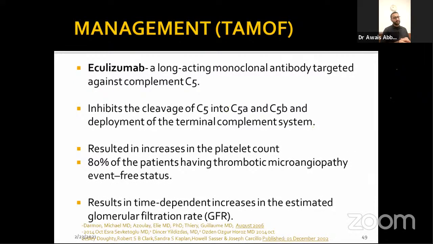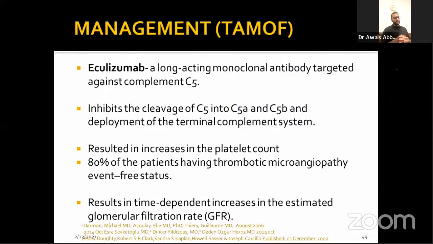One other management aspect is eculizumab. Many trials have been done on this as well. It is a long-acting monoclonal antibody targeted against complement C5. It inhibits the cleavage of C5 into C5a and C5b, and subsequently inhibits the deployment of the terminal complement system. By that it stops the microangiopathic pathway.